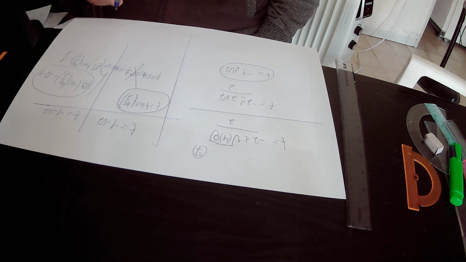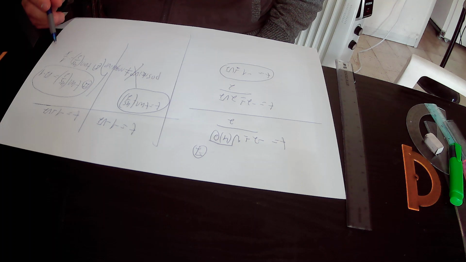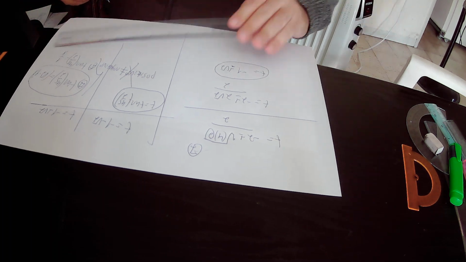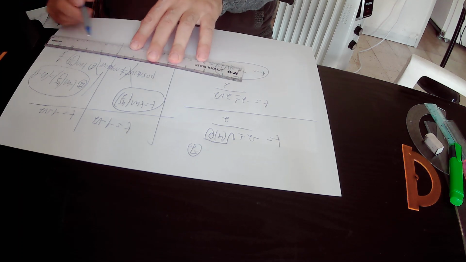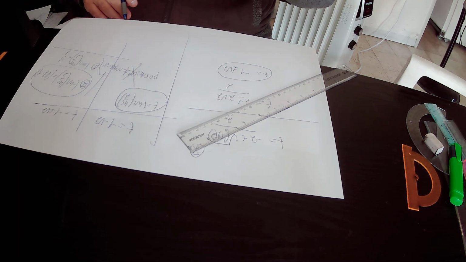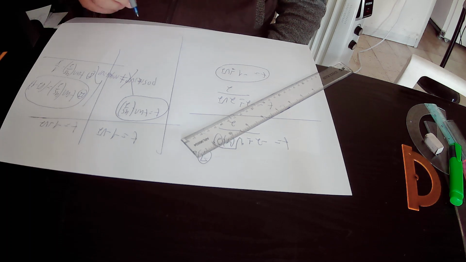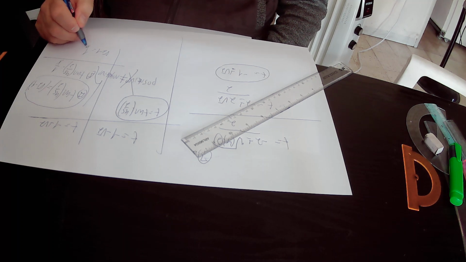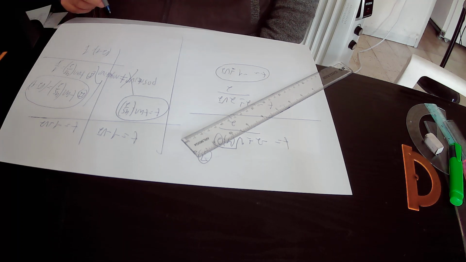According to equation number 1, tangent 45 degrees over 2 equals 1 over x, while according to equation number 2, tangent 45 degrees over 2 equals square root of 2 minus 1. So from equation number 1 and equation number 2, we derive that square root of 2 minus 1 equals 1 over x.